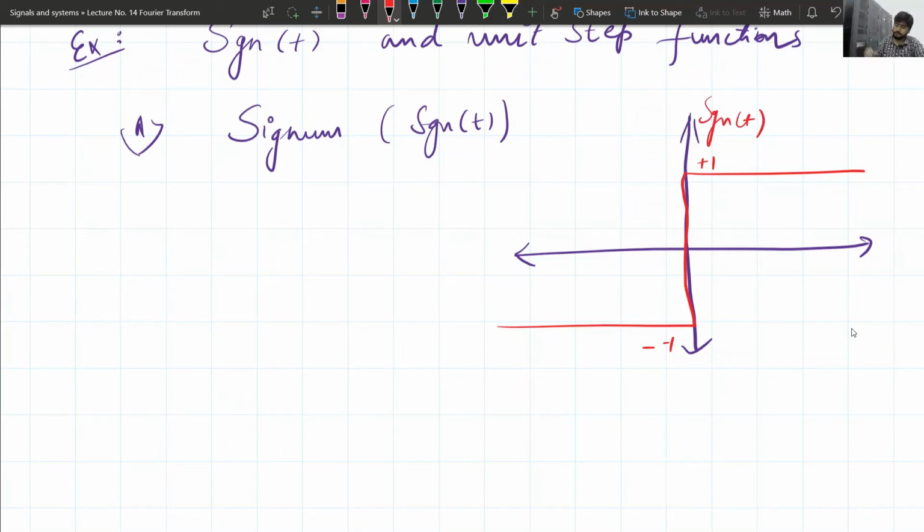Signum function. Now let's find out its Fourier transform. Let's say x(t) equals signum function of t.